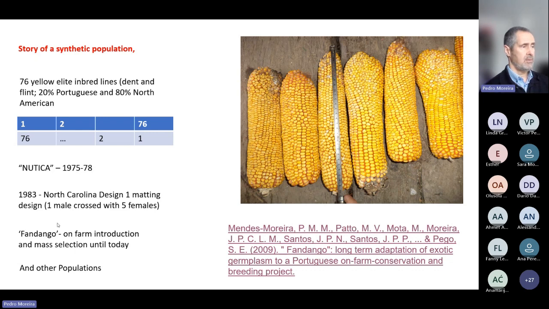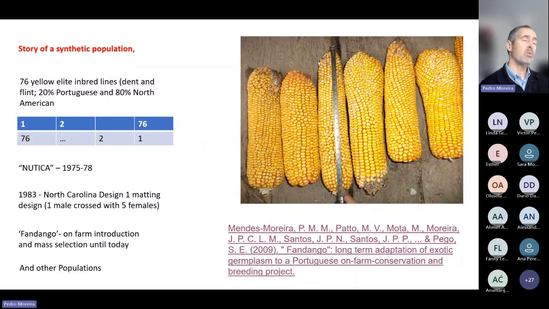After this, it was introduced on farm, and one of the reasons for this introduction was that you can see this is a really huge ear, about 30 centimeters, and there are others that are bigger.